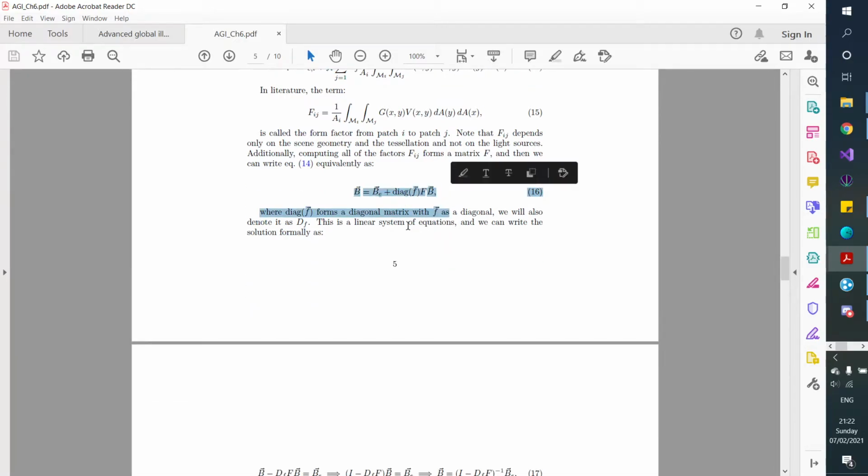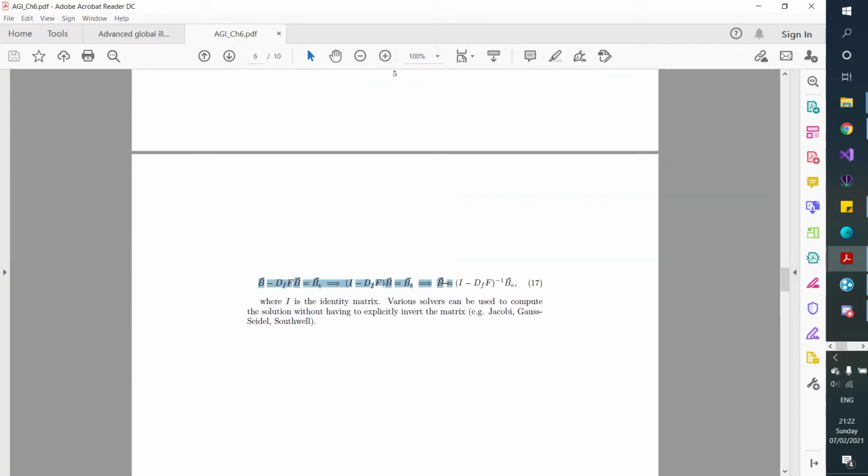Now if you rewrite this just algebraically, you get a solution that looks like that. Now, in practice, you do not have to invert this matrix. You can just use a solver, so you don't have to directly invert it. And such a solver can be a Jacobi solver, a Gauss-Seidel solver, Southwell, conjugate gradient, so anything you can think of that is applicable to the matrix you have.